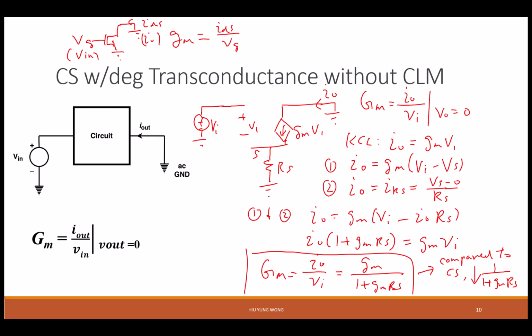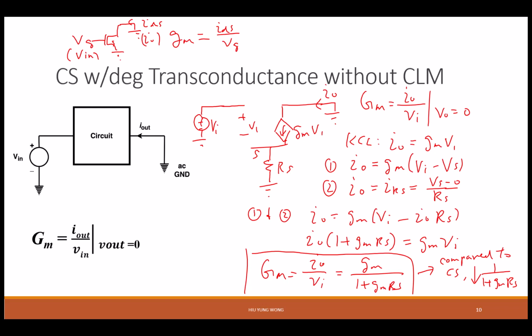All right, so now let's start recollecting. We add something called a degeneration resistor. We get the so-called common source with degeneration. We realize that it is the same as the common source, except that we have the degeneration resistor. It has negative gain by intuitive inspection.